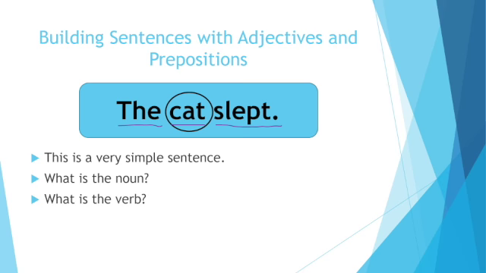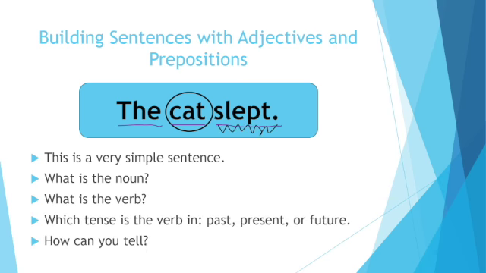What did the cat do? He slept. Now, tell me, which tense is the verb in? Past, present, or future? Can you slept in the future? No. Can you slept in the present?